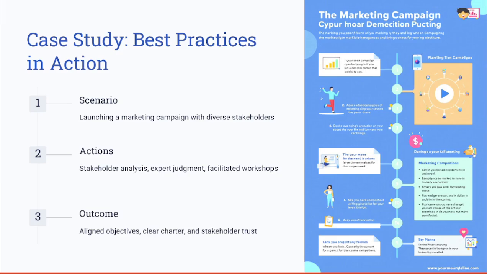As a tool, expert judgment was used to define a realistic timeline, and a workshop was facilitated to ensure all of the stakeholders were aligned with the campaign goals. These best practices resulted in a clear project charter and a stakeholder register, setting the stage for successful marketing campaign delivery.